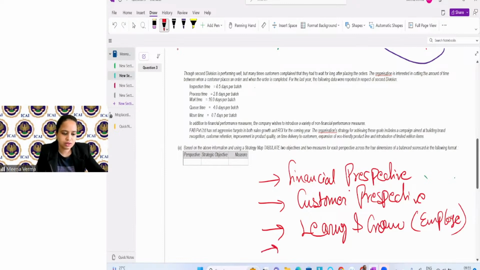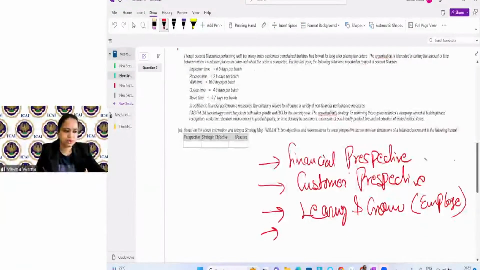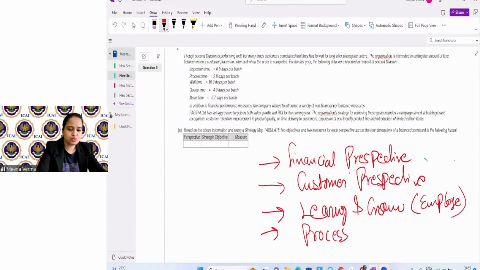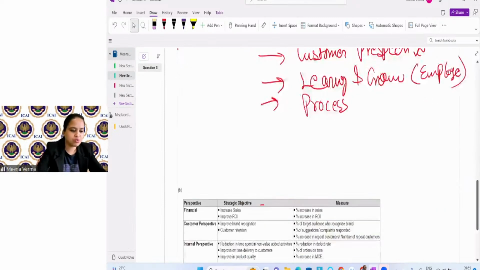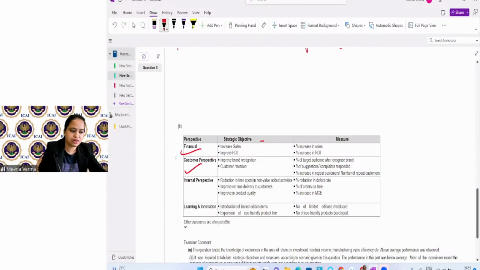And process improvement. So these are the 4 points we will consider: financial, customer perspective, internal perspective, and learning and growth perspective. Process will be the internal perspective.